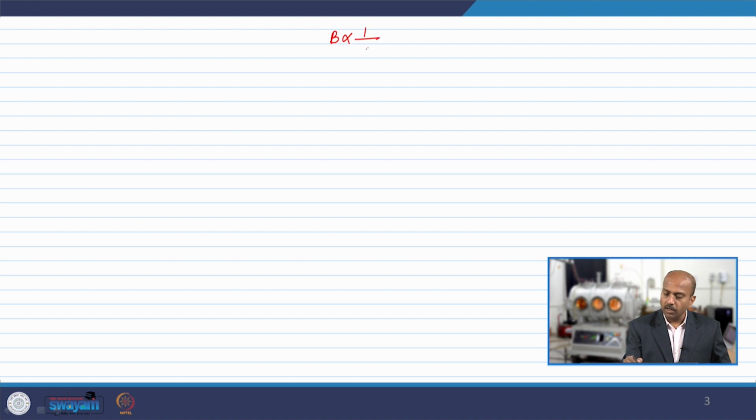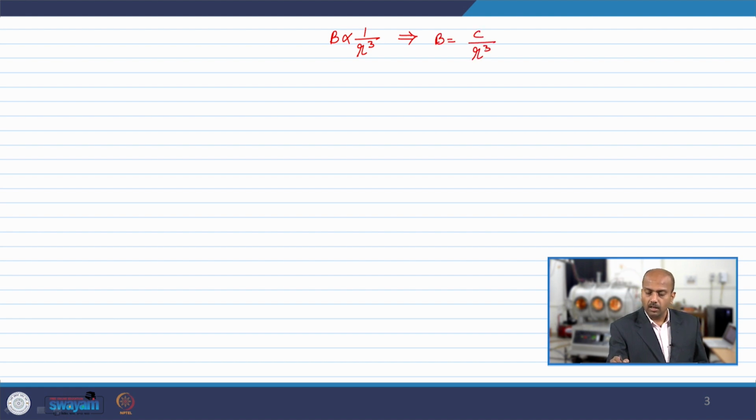Okay. So, the magnetic field B is proportional to 1/r³. So, we can write the magnetic field B as a constant divided by r³. The constant magnetic field at the beginning is 0.3 × 10⁻⁴ Tesla.